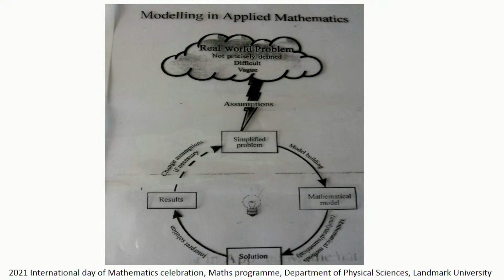And then you say, well, what do we do? We make simplifying assumptions to make the problem simple enough to attack, to have a first approximation, and then proceed to improve on it. So when you do that, you have built a model. And that mathematical model needs to be solved using your mathematical tools, either analytically, numerically, functionally, solve it, and then you need to interpret your result so that the engineer will be able to appreciate what you are doing.